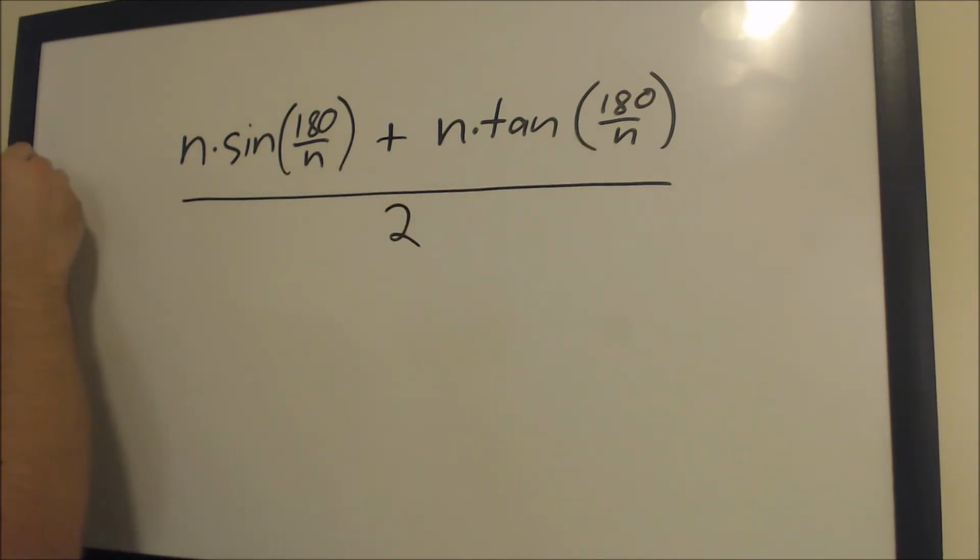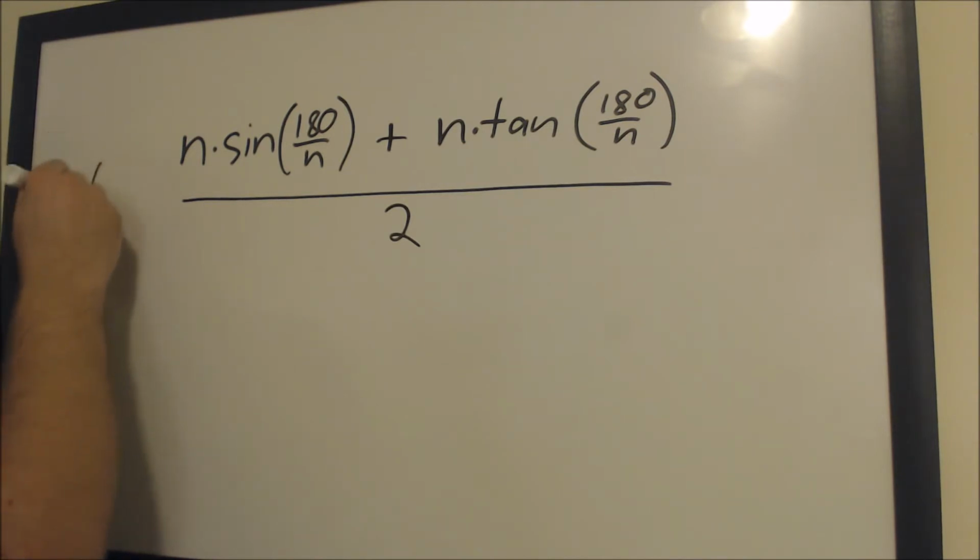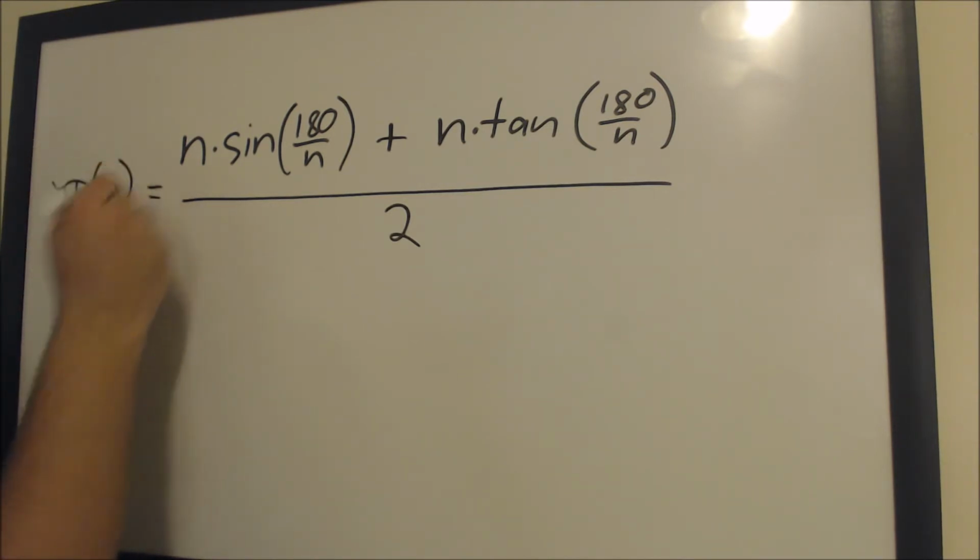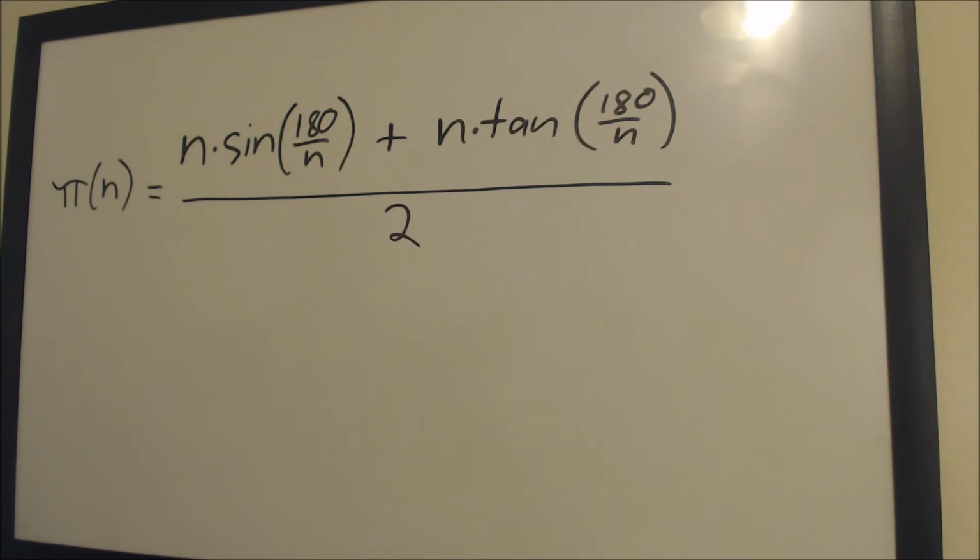And we're just going to call this pi of n, that function, because that's my pi estimation function. Okay? So all I have to do now is evaluate this function at n, where n is the number of sides.